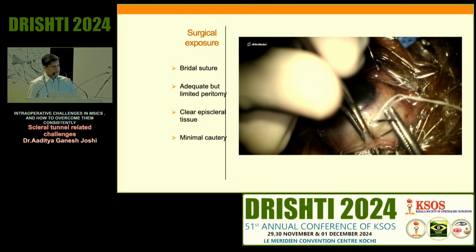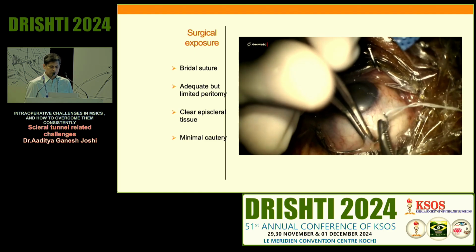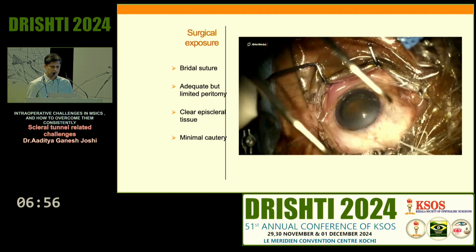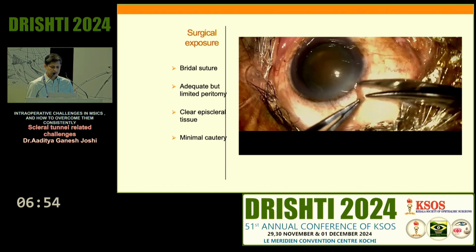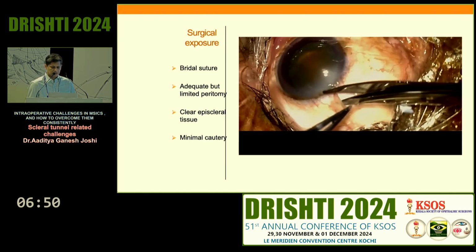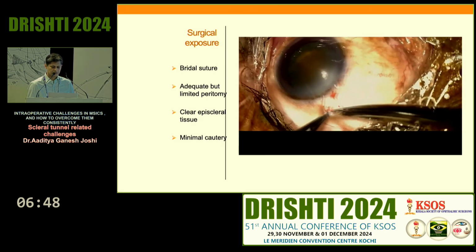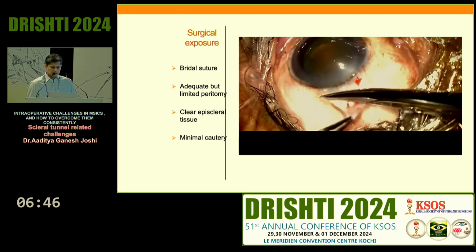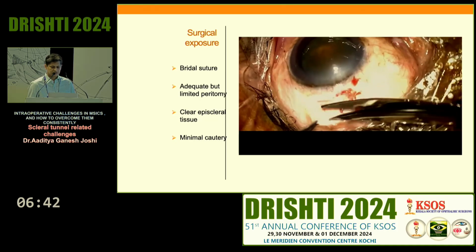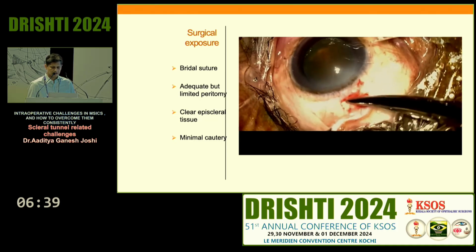For a beginner doing a superior incision, taking a bridle suture is very important so that he gets good surgical exposure, followed by an adequate limbal peritomy. Do remember to clear the episcleral tissue also, otherwise the incision will be very ragged or irregular.